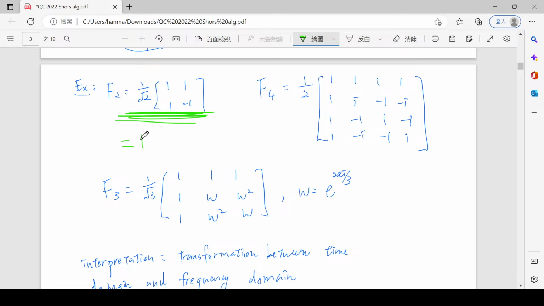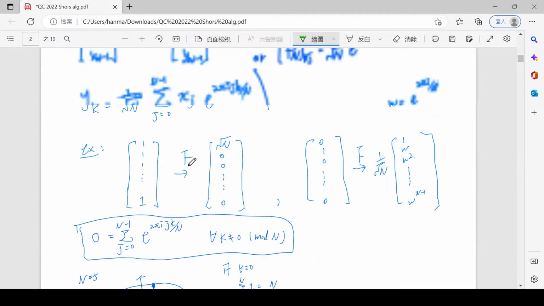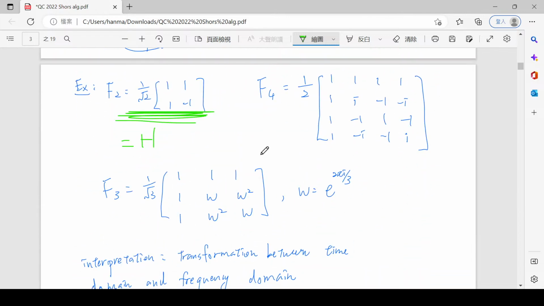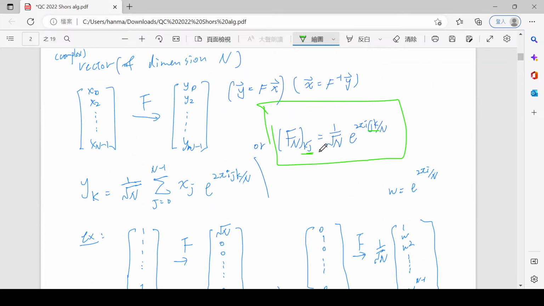A lot of the good properties of the Hadamard matrix come from it actually being a Fourier transform on a qubit, and you can kind of see the structure of the matrices. They all have a similar structure. Like the first row and first column are going to be all ones, because when you count those jk, okay, so this is a bit weird.